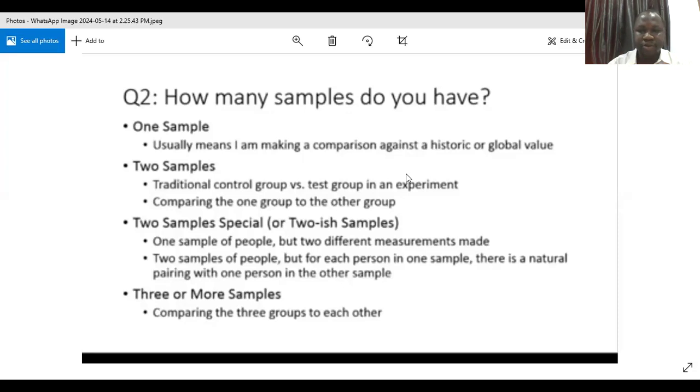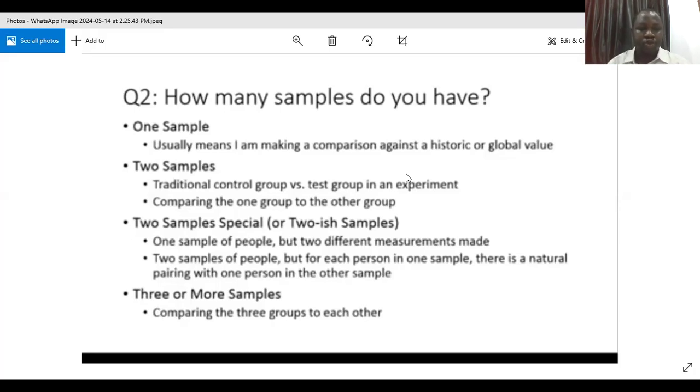How many samples do you have? One sample usually means I'm making a comparison against a historical or global value. You finish collecting your data, and then you want to compare it against data out there. You use the one sample t-test.